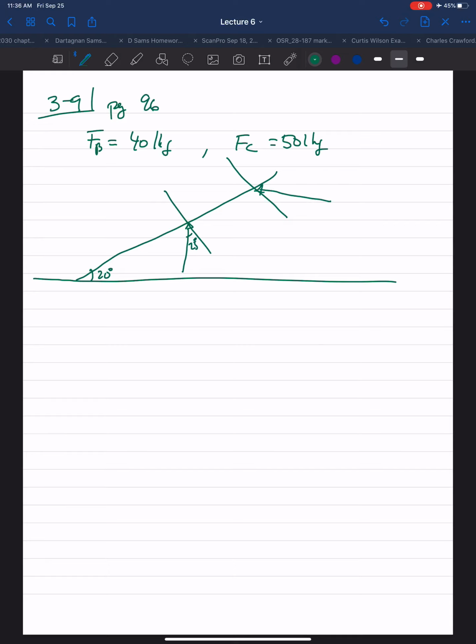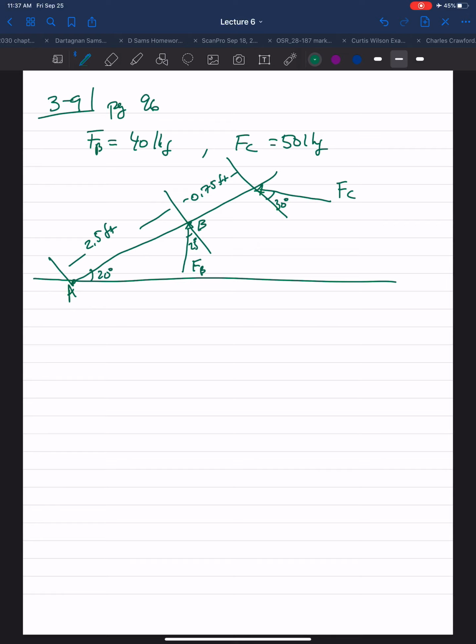This is FC, this is FB, 30 degrees there. This distance here is 0.75 feet. This is point A, and this distance here is 2.5 feet. And they gave us FB and FC. I believe that's everything. All right.